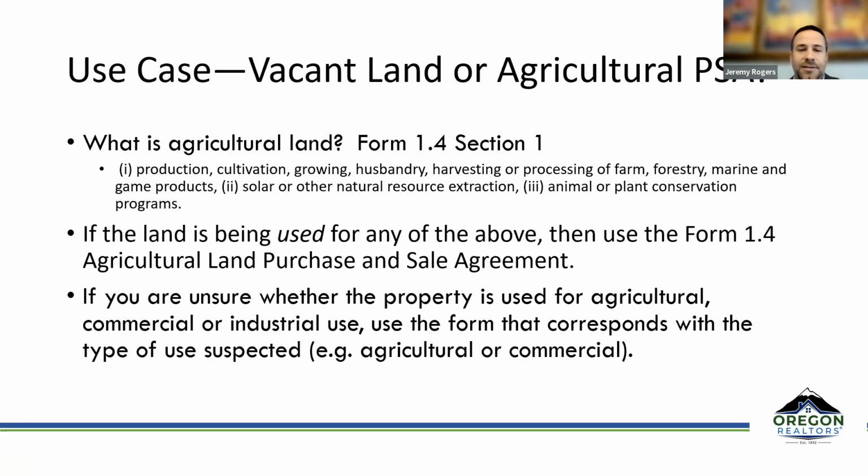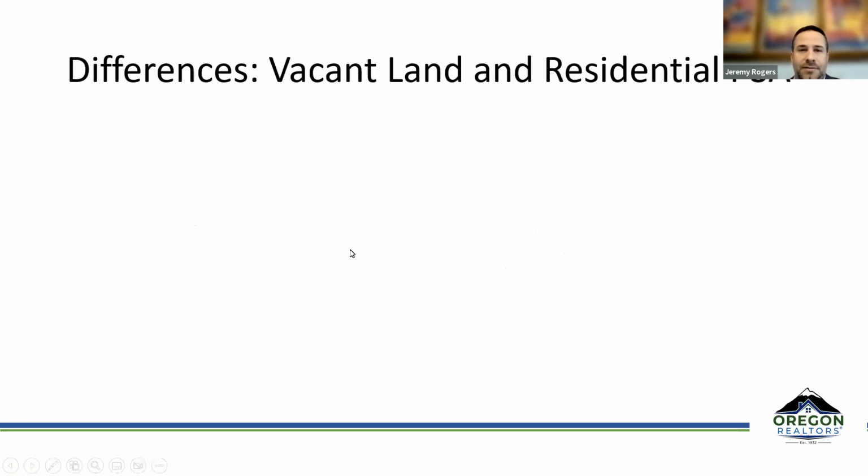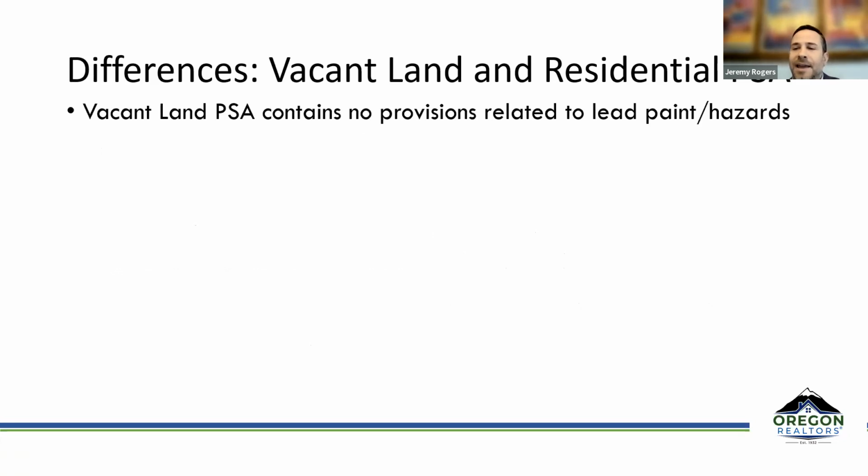Now let's talk about some of the specific differences between the vacant land and the residential purchase and sale agreement. The vacant land purchase and sale agreement contains no provisions related to lead paint or lead hazards.